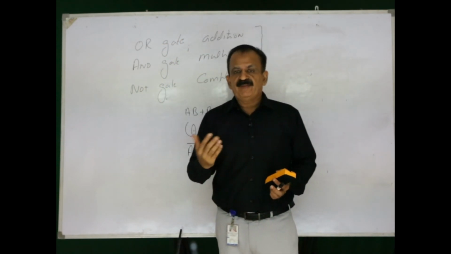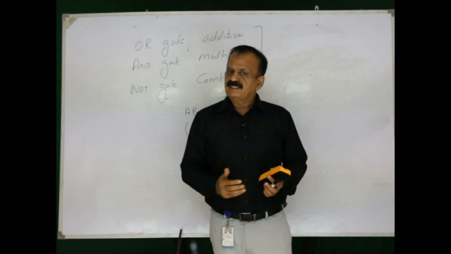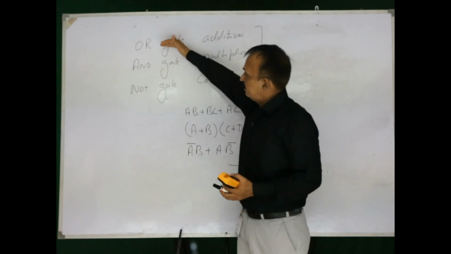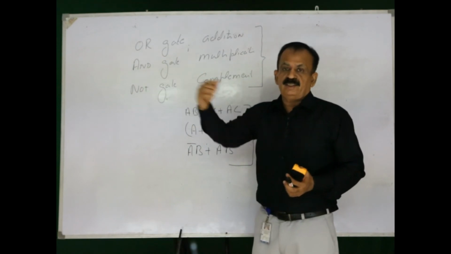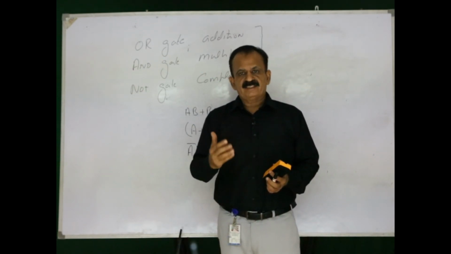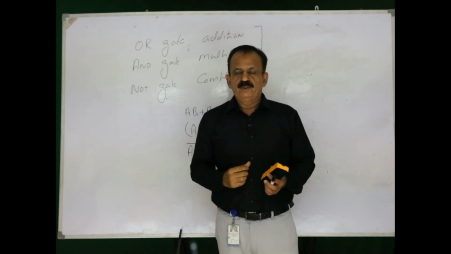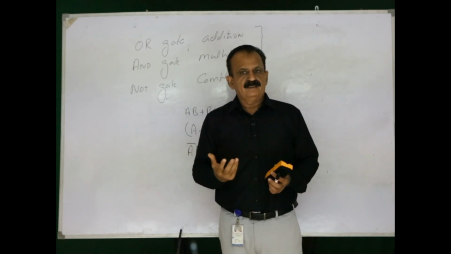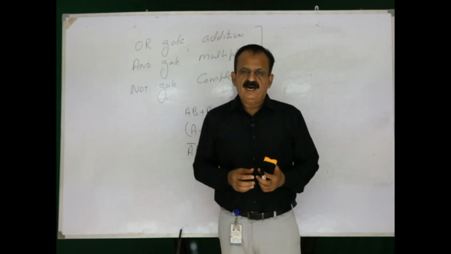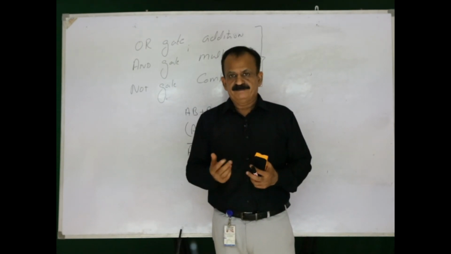Why these are called basic building blocks? Because any of the Boolean circuit can be implemented by using these three gates, right. So question can be what are the basic building blocks of Boolean expressions and then explain either AND gate or OR gate or you can be asked to explain NOT gate.